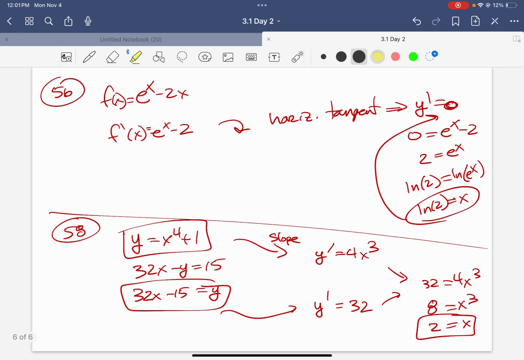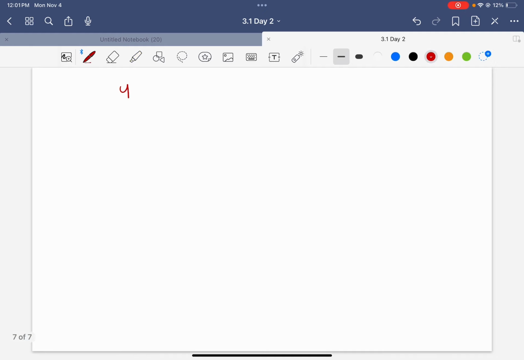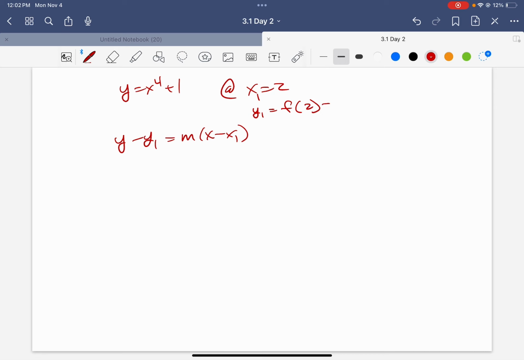So I want to find the equation of the tangent line to this curve at 2. So y is equal to x to the 4th plus 1 at x is equal to 2. To find the equation of the tangent line, this is going to be my x1. My y1 is just going to be f of 2, so 2 to the 4th plus 1, which is 16 plus 1, is 17.